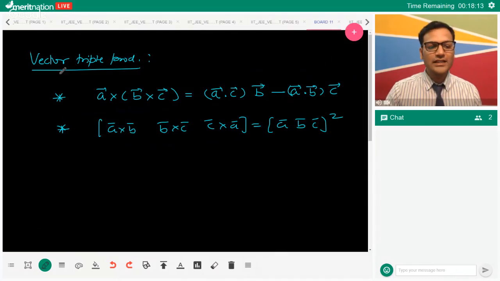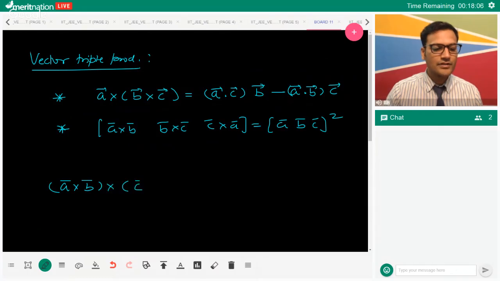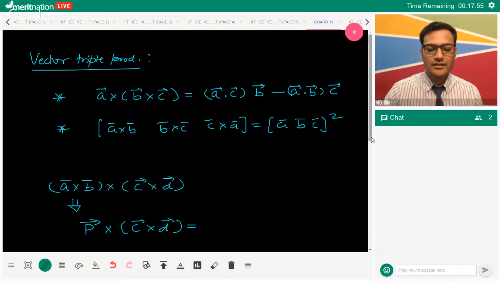You can also figure out the vector product of four vectors. If I'm saying A cross B cross C cross D, you can assume A cross B to be some vector P, because this will basically be a vector only. And then you can apply the vector triple product between these vectors.